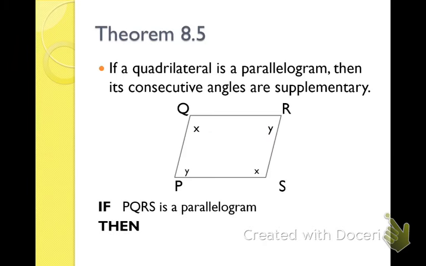So we can make a theorem from that about a quadrilateral, a parallelogram. If we have a parallelogram, then the consecutive angles are going to be supplementary because all these pairs of lines are parallel, so the ones next to each other are going to be consecutive interior angles. X and y are consecutive interior angles. They add to 180. Y and x are consecutive interior angles with each other because of these parallel lines. They add to 180 and so forth.